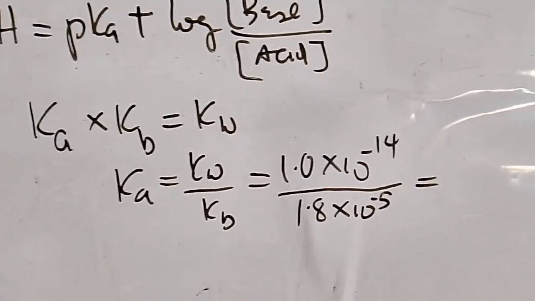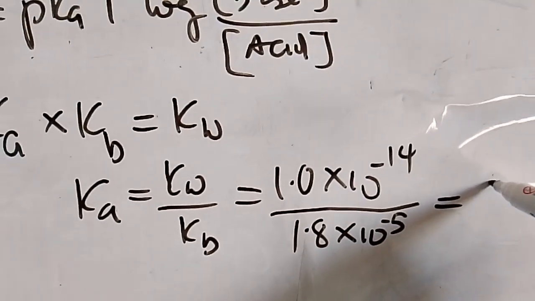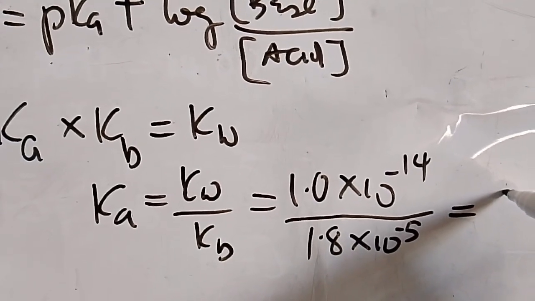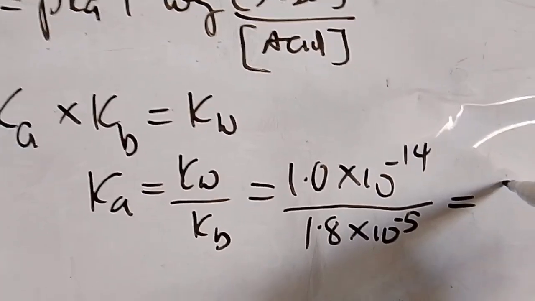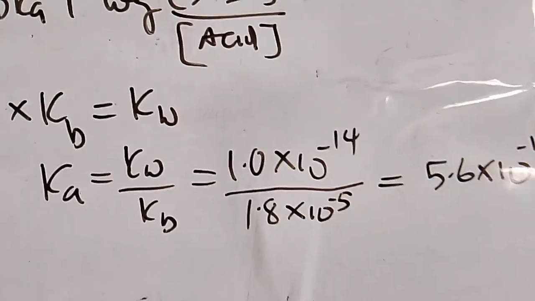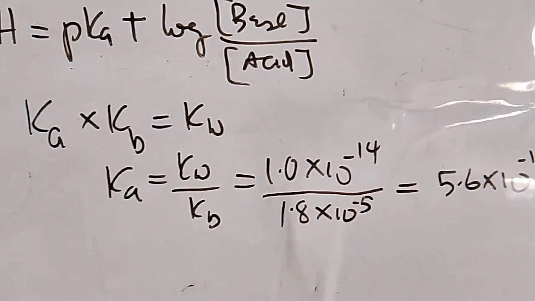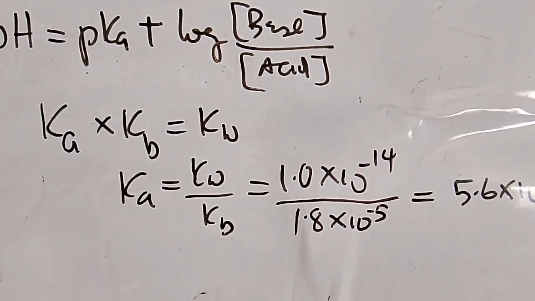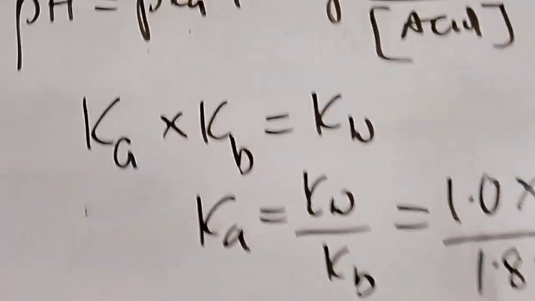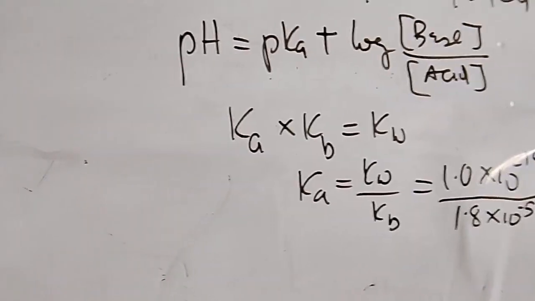So when you do the computation, you are going to get 5.6 times 10 to the power negative 10. So that is our Ka value. Okay, then if we know Ka, then we can apply now the Henderson-Hasselbalch equation.